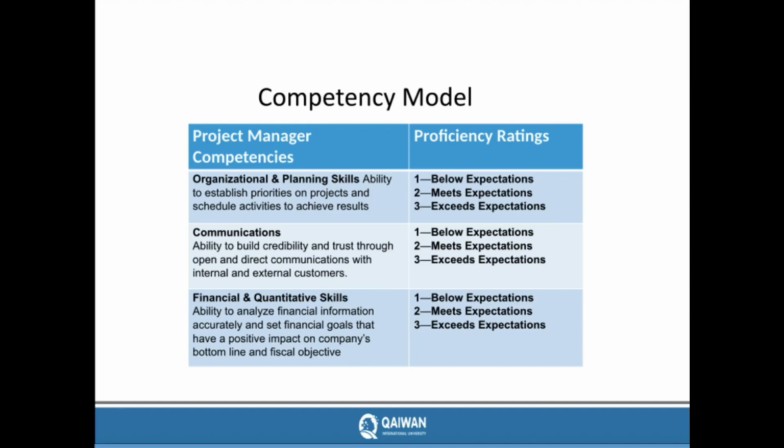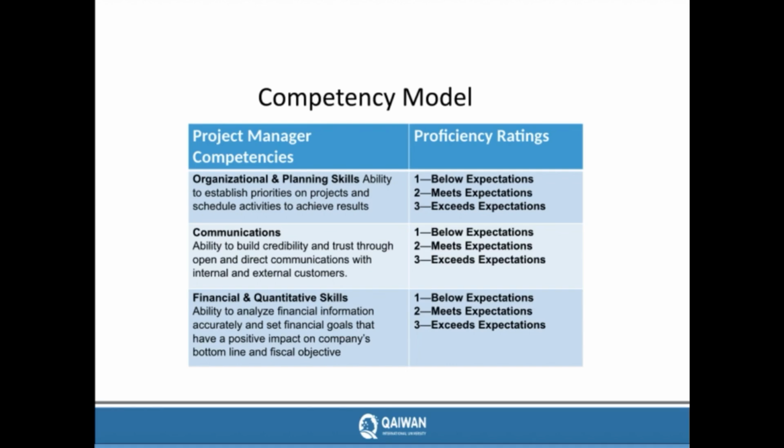So let's look at one example, project manager. Organization and planning skill: this competency measures the ability to establish priorities and schedule activities to achieve the project goal. The proficiency rating could be below expectations, meets expectations, or exceeds expectations.